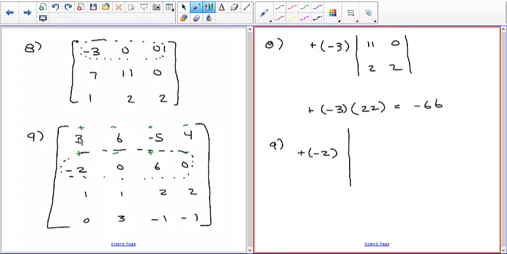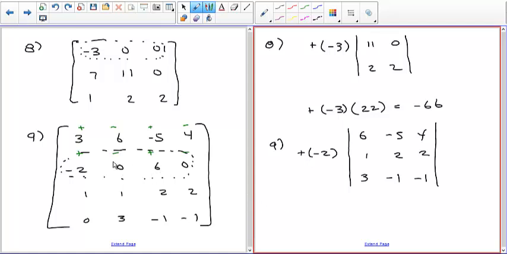So you're going to cross this out and cross that out, which leaves these 9 entries. So you're going to have 6, negative 5, 4, 1, 2, 2, 3, negative 1, negative 1, like that. So we're looking at this term, cross out this column and this row, and you'll end up with these entries. Then this is 0, so we don't have to worry about that. Then we go to the next one.